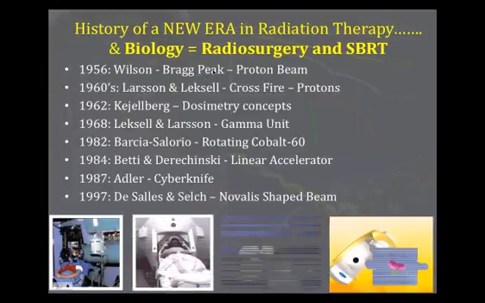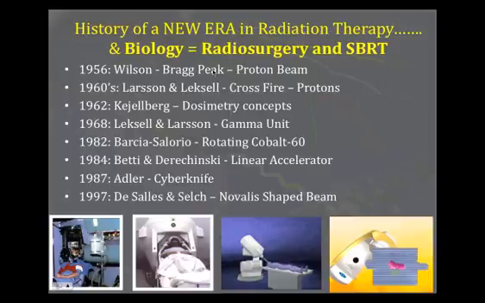After that, the Bragg peak in the protons was discovered, and the Bragg peak allows a very precise delivery of the radiation. That's how Leksell actually started radiosurgery. But he did use the proton facility in Uppsala, which was a city 60 miles from the hospital where he was, so it was very inconvenient.